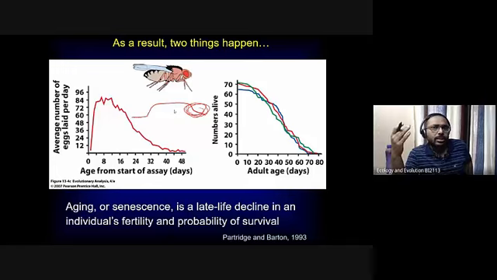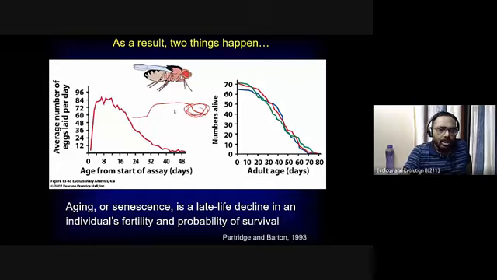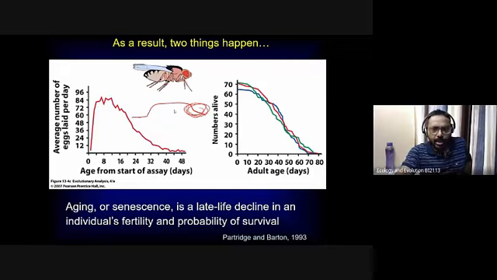The extreme case is those organisms which live for one day and then die. Their entire lifetime fecundity is concentrated on that one point, and then it is decline and zero. On the other hand, you have the human case that I showed you. So technically, it's a late-life decline in individuals' fertility and probability of survivorship.